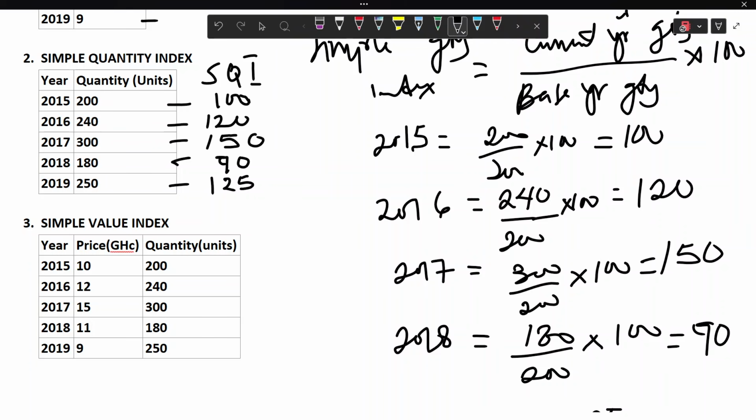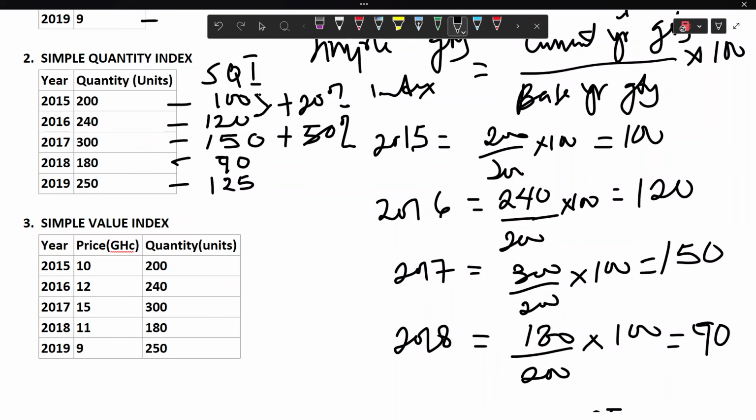Okay, so you can see that for 2015 and 2016, our quantity index increased by 20%. We can say that there was an increase in quantity in 2016 by 20%. Then for 2017, we are comparing to the base period, which is 100. Also, there was an increase of 50%.